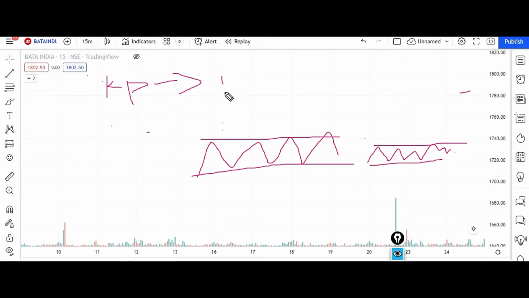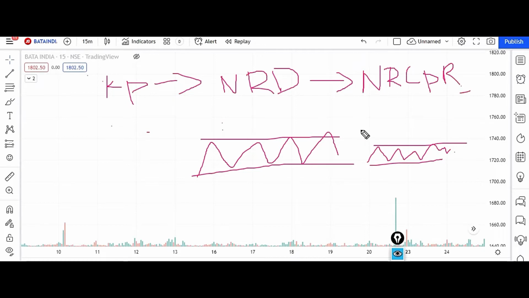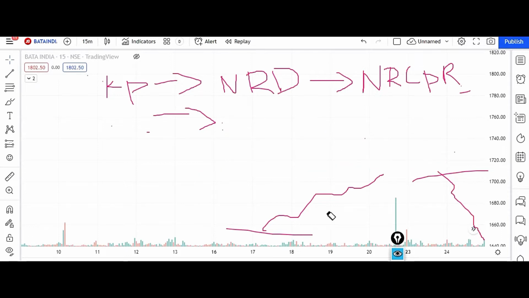So a narrow range day will lead to a narrow range CPR the next day. The next point: if today is a trending day, suppose price is trending today, upside or downside, then tomorrow's CPR is a wide range one. What is wide range? Price is trending. Price is not consolidated between any levels.